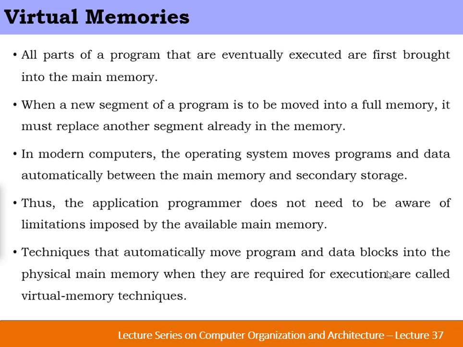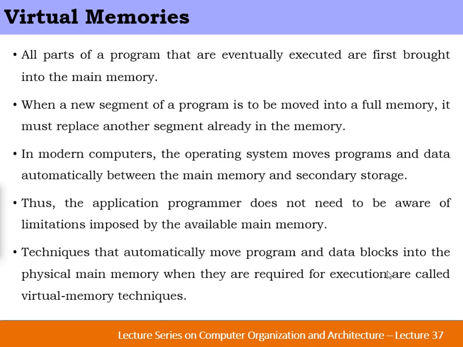Here the limitation of the main memory is that we split the program and store it in the main memory and secondary storage. When the part of the program available in secondary storage needs to be executed, obviously it needs to be brought from secondary storage to the main memory. During that time a segment of the program has to be removed and a new segment from the secondary storage has to be placed into the main memory.